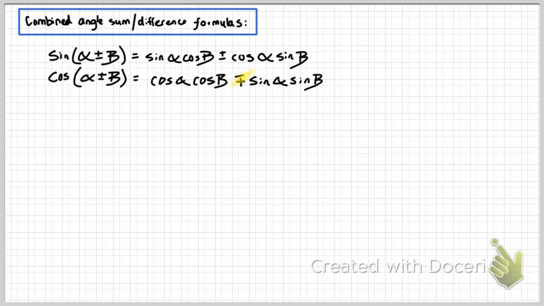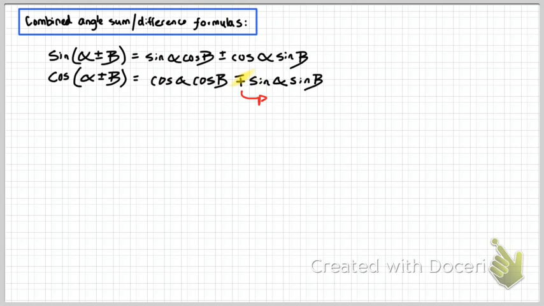Sine of alpha plus beta, meaning when I add these 2, I will add these 2. When I'm working with sine, I use the same sign. Plus, plus, minus, minus. But when I'm working with cosine, if I'm adding here, I actually subtract here. I do the opposite. Or if I'm subtracting, I'm adding. So what this means, it's not a mistake, it's flipped over.